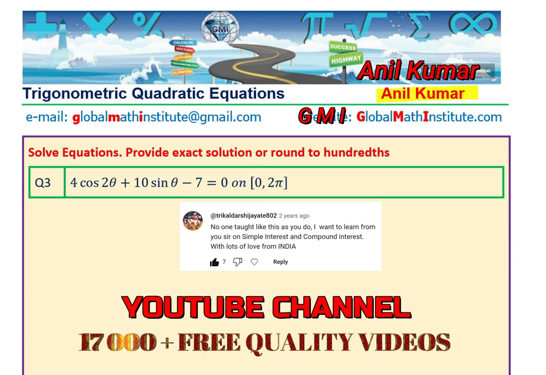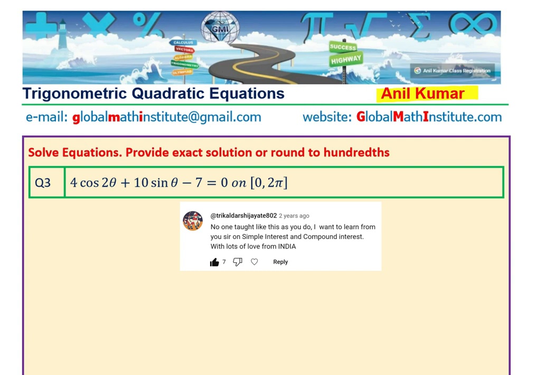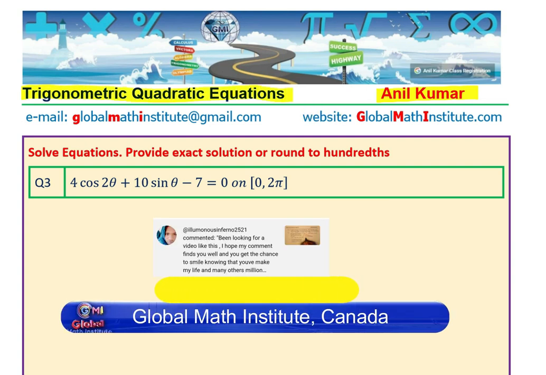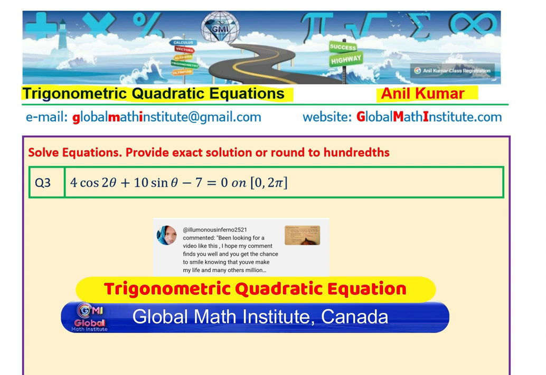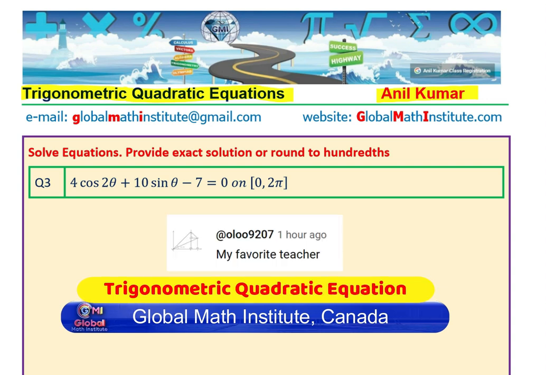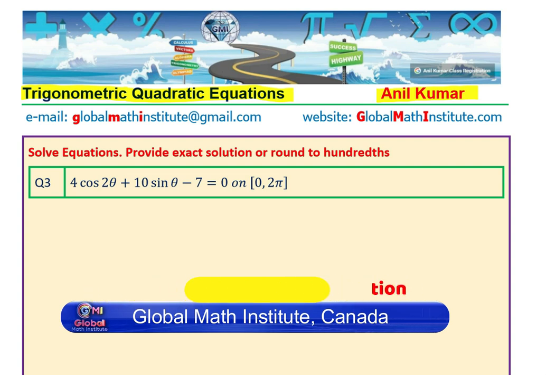Strategies to solve double angle trigonometric equations with ease. You want to understand how we solve trigonometric quadratic equations. Always in a test paper, you'll find one of these. So, question number 3 here is 4 cos 2 theta plus 10 sin theta minus 7 equals 0.